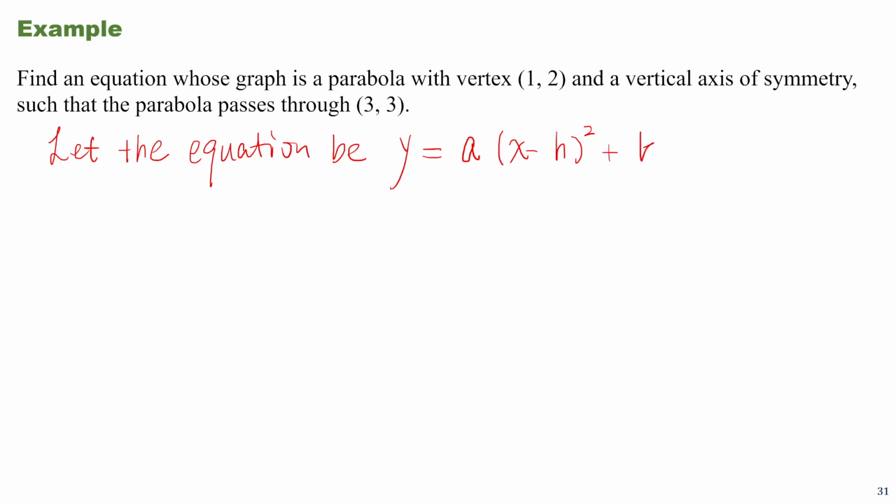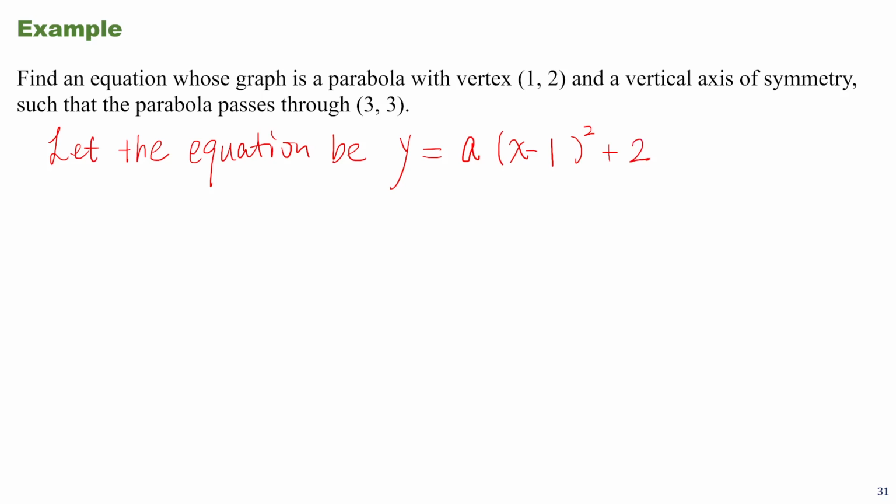This is the vertex form. Here we already know the x coordinate of the vertex is 1, and the y coordinate is 2. So we can directly say, let the equation be y equals a times (x minus 1) squared plus 2, since (1, 2) corresponds to the coordinates of the vertex.